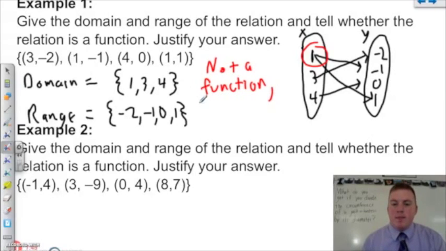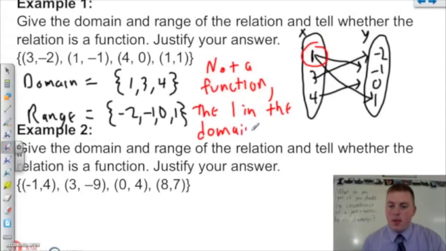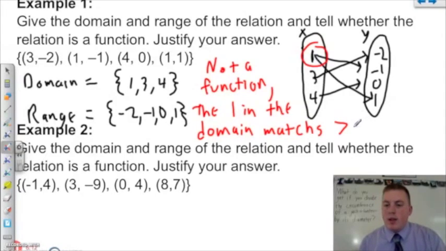And our reasoning is going to be that the 1 in the domain matches more than one y value, or range value. I'm just using the greater than symbol there for shorthand. So we are going to have to say, like we said, that this is not a function.